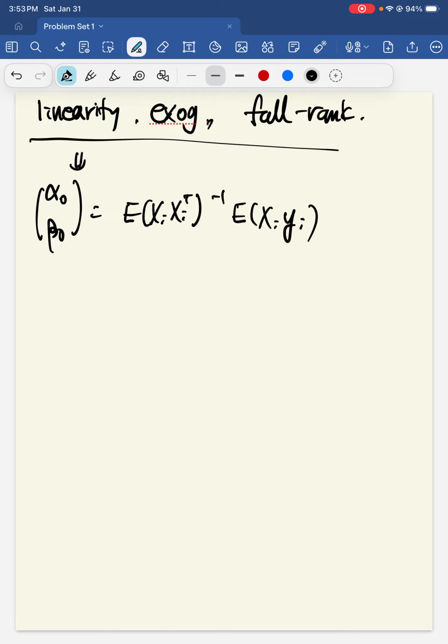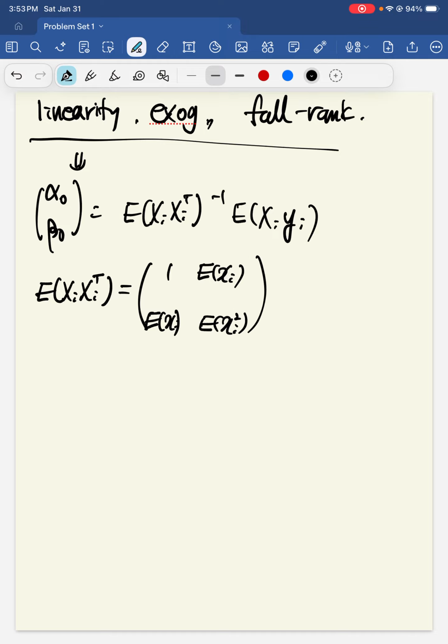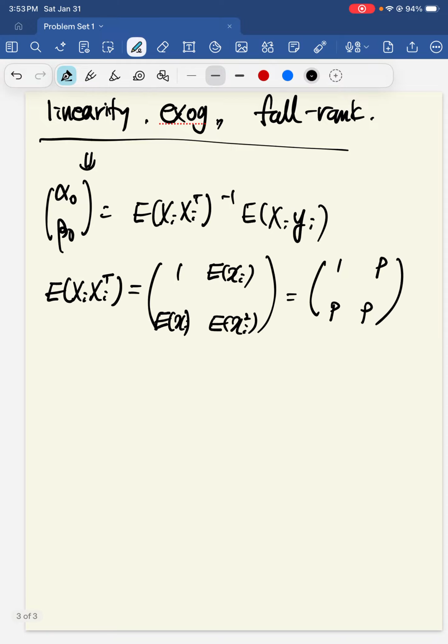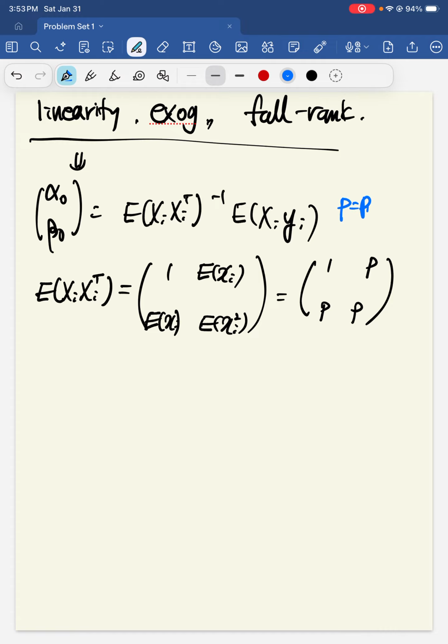Let's do that. Expectation of x_i x_i prime was, remember, this guy, and it was 1, P, P, P. P was the probability that x equals 1.